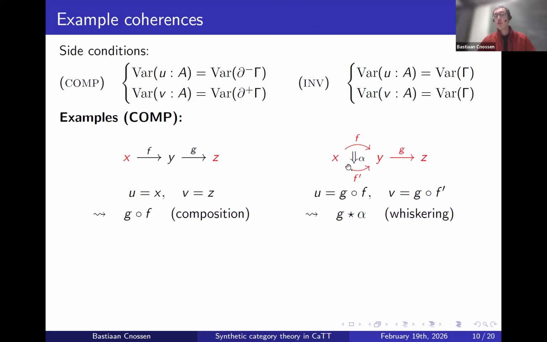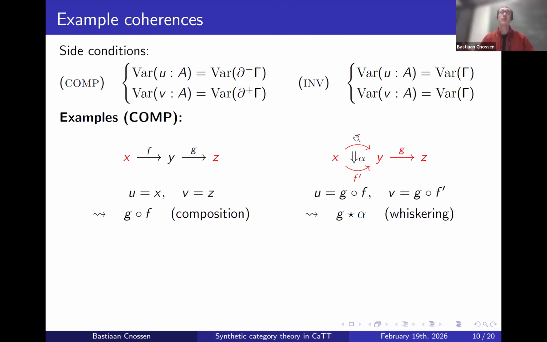What happens in this two-dimensional case? This time the diagram is two-dimensional, so the source boundary is one-dimensional. It consists of the X, the F, the Y, the G, and the Z. The target boundary is the X, the F prime, the Y, the G, and the Z. Here I actually have several choices for U. I could, for example, just pick G composed with F, which is what I'm going to do.